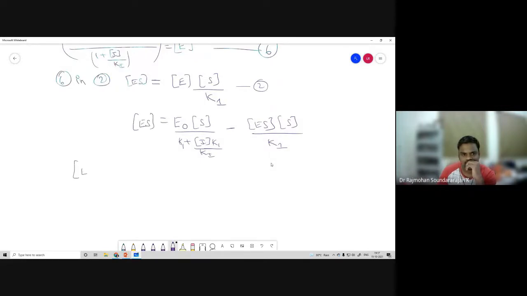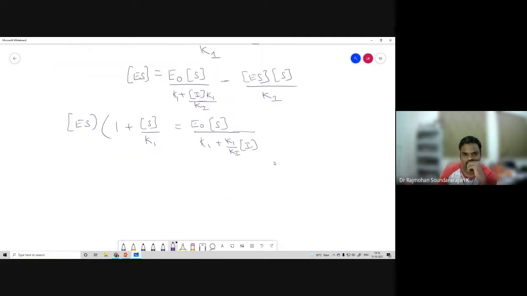If you take it to the left hand side, you will get 1 plus S by Ki equal to E naught into S divided by Ki plus Ki by Ki into I. So this is the equation.